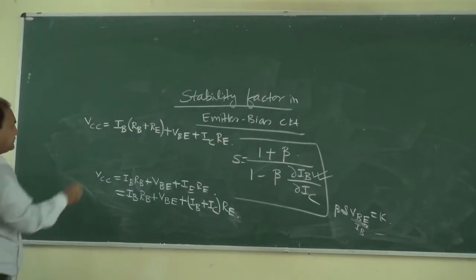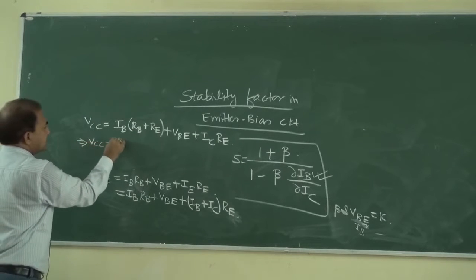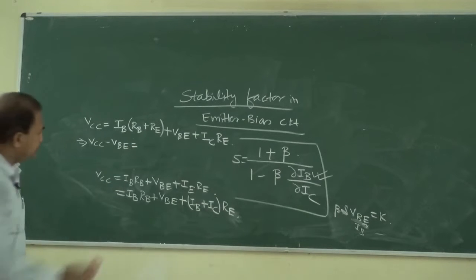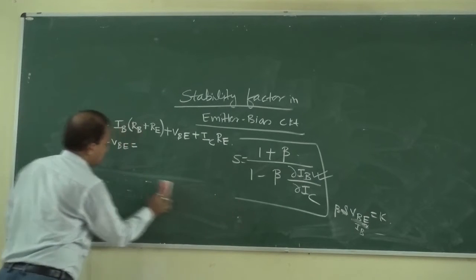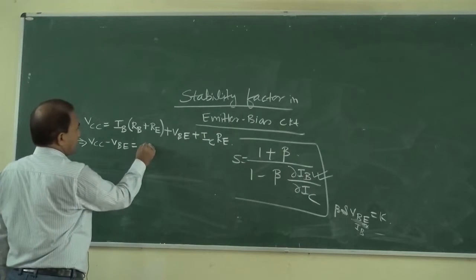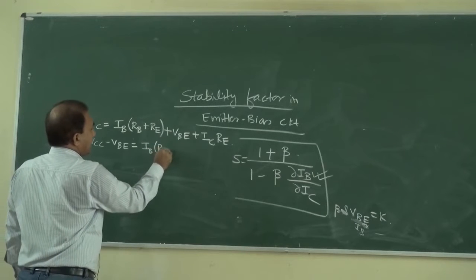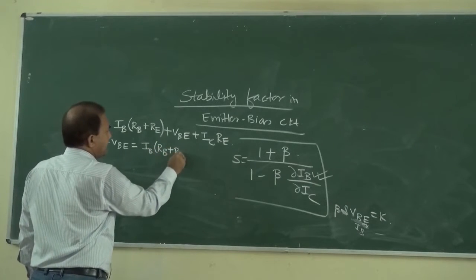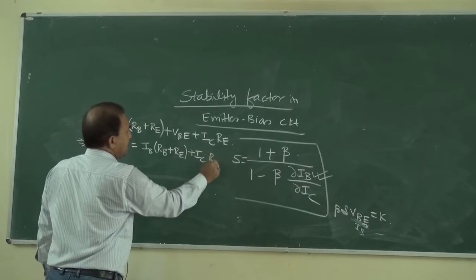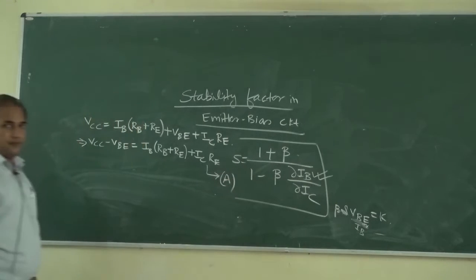Okay, so we can write VCC minus VBE is equal to IB (RB plus RE) plus IC RE. Suppose this equation is A.